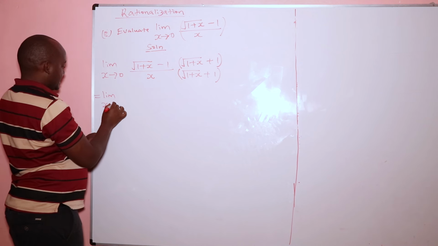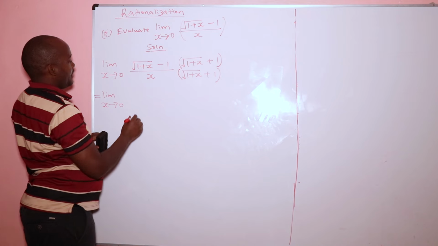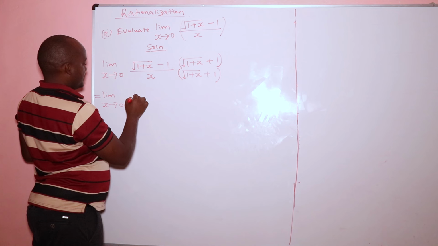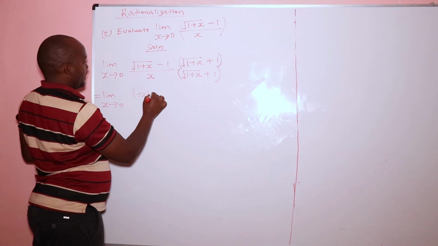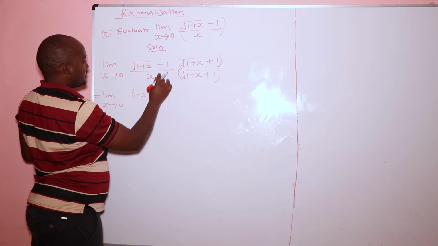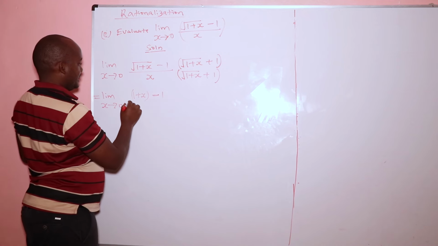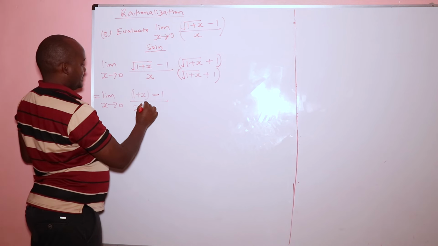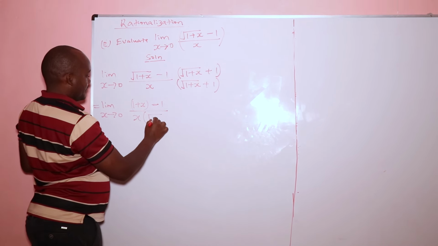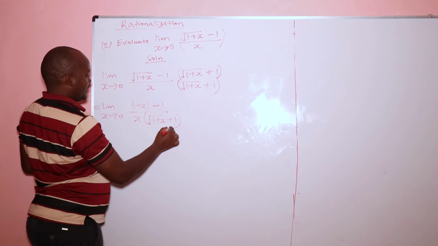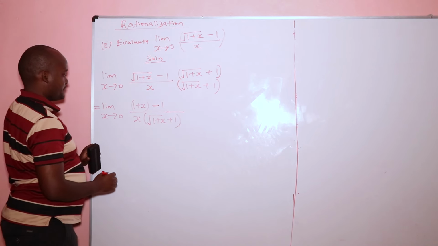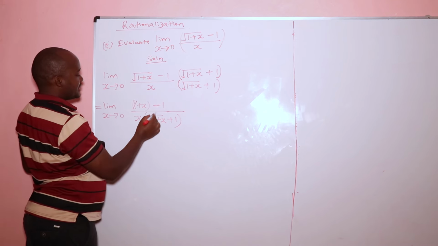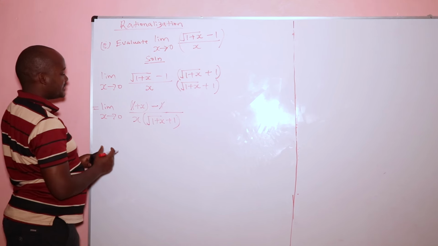So which is going to give us what? The limit as x approaches 0 of, now when you multiply this by its conjugate, it's going to give us 1 plus x minus 1, because 1 squared is still 1, over x multiplied by root 1 plus x plus 1. Should you simplify the numerator by grouping like terms, you notice that 1 minus 1 is equal to 0.